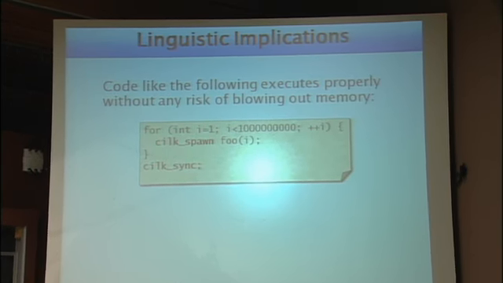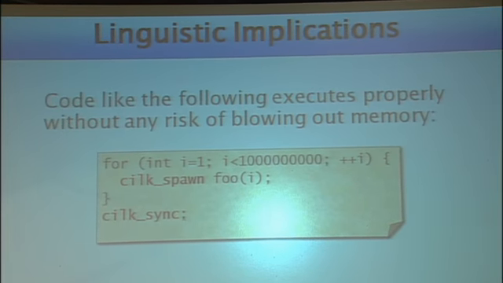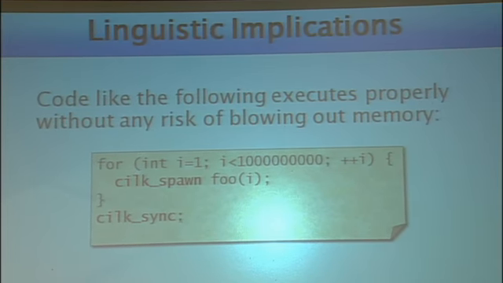The implications of this work-stealing scheduler are interesting from the linguistic point of view, because you can write code like this. For i gets 1 to a billion, spawn some subroutine foo of i, and then sync.